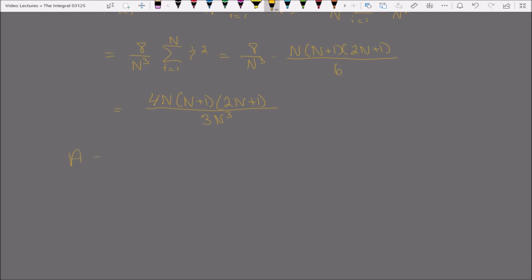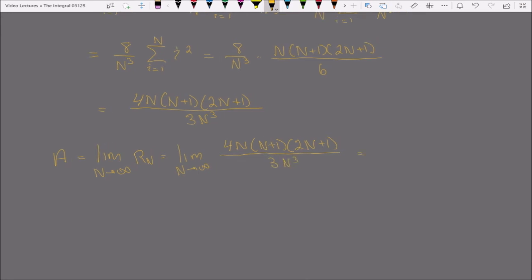Area will be this limit. Limit as n goes to infinity of r sub n, which is the limit as n goes to infinity of 4n times n plus 1 times 2n plus 1 all over 3n cubed.